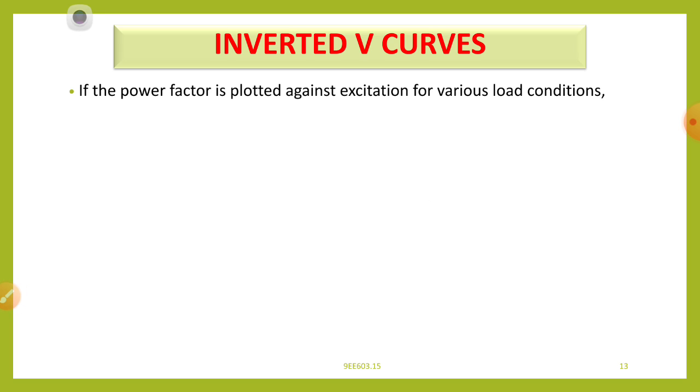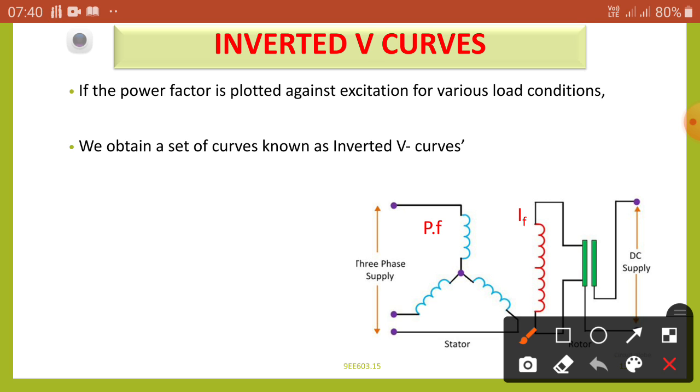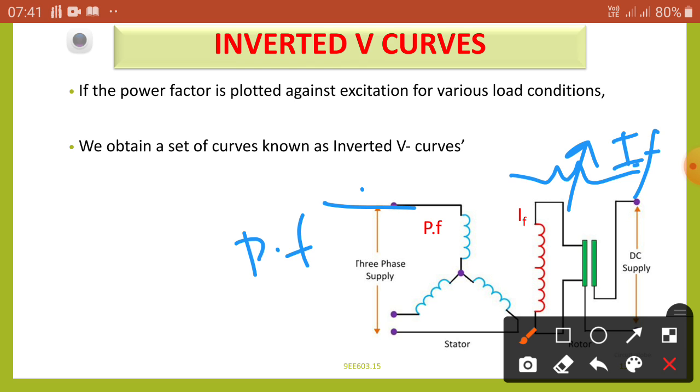If the power factor is plotted against excitation for various load conditions, that may be no load, half load, full load, we obtain a set of curves known as inverted V curves. Similarly, in the same experiment, by changing the field current IF, we take the power factor meter reading: change it, take the reading, change it, take it.